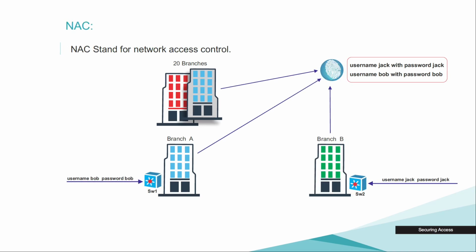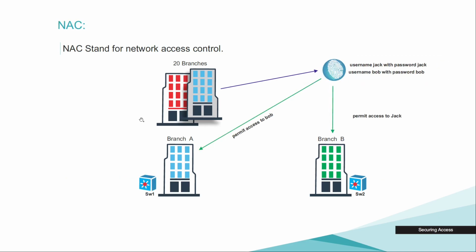After that, if any request comes to our devices, this request will be forwarded to Cisco ISE, and Cisco ISE will check the credentials inside it, and if it finds that the user exists in Cisco ISE credentials, it will permit access to that user.